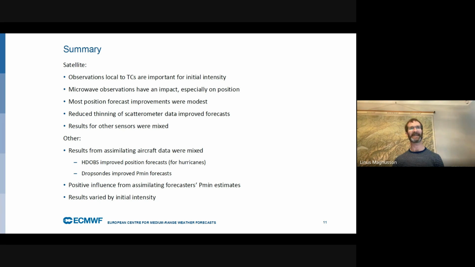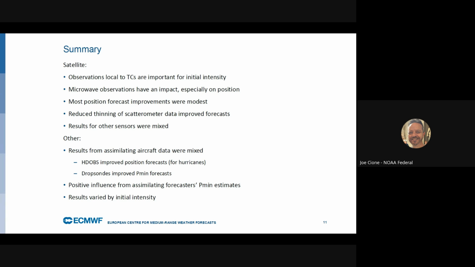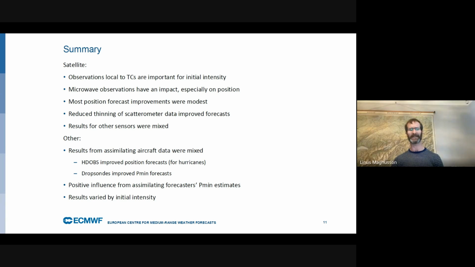And the microwave observations had the strongest impact among the satellites. But from single observation types, it was hard to see strong improvements or impact on the position.